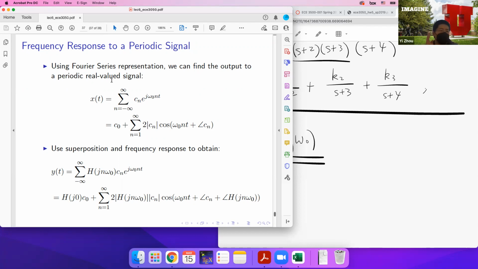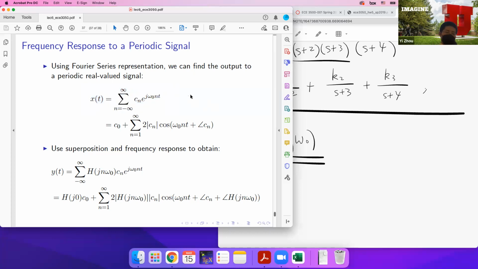First of all, if we consider a periodic real valued signal, from the Fourier series we know that every periodic signal can be represented as a Fourier series. Right? So this is the Fourier series representation.